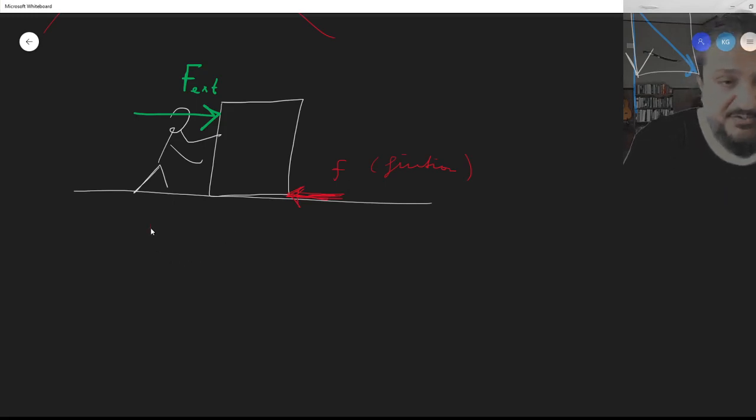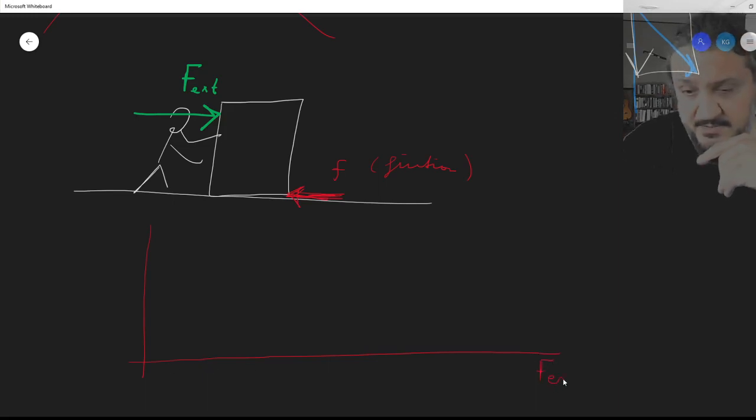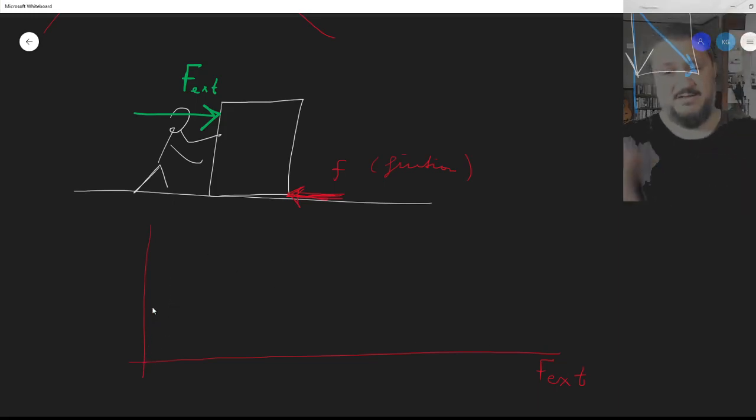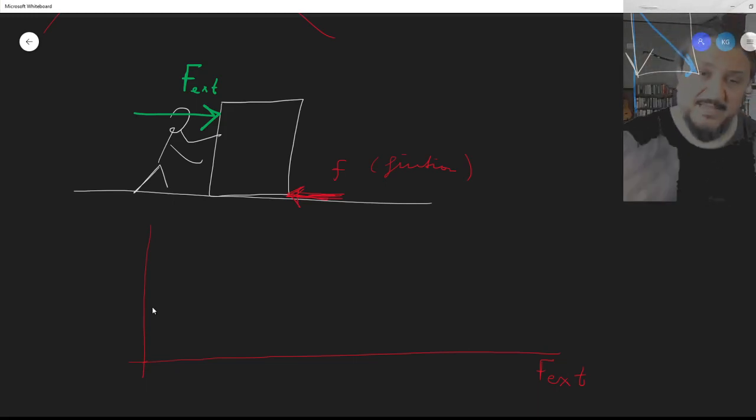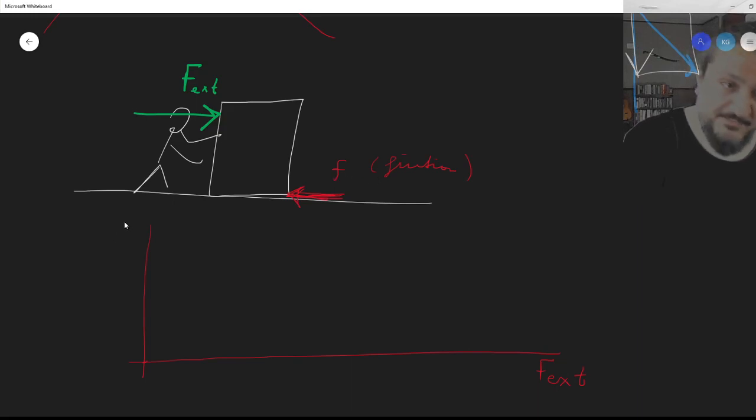So let me try to explain what I just explained in graph format. Let the horizontal axis be the force you exert. You start with 0, you barely touch the object, and you start pushing it harder and harder, which means you're moving to the right on the graph. But then there's the little f, the friction force, that opposes you.